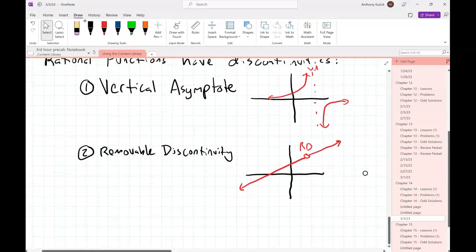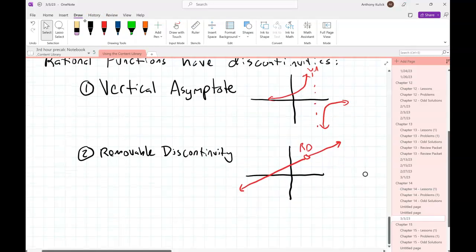Okay. So that's what they look like. Let's talk about how we tell the difference between a removable discontinuity and a vertical asymptote just by looking at the equation.